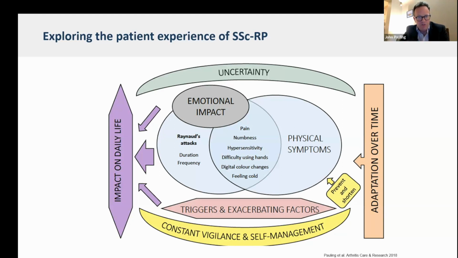And this really forms part of the adaptation that occurs over time. But all of this, including the adaptive measures patients take, has a huge impact on daily life and quality of life. And also, I've mentioned already the uncertainty that active Raynaud's symptoms creates in patients about what that might mean for their disease generally and its future progression. If we can move to the next slide, Peter.